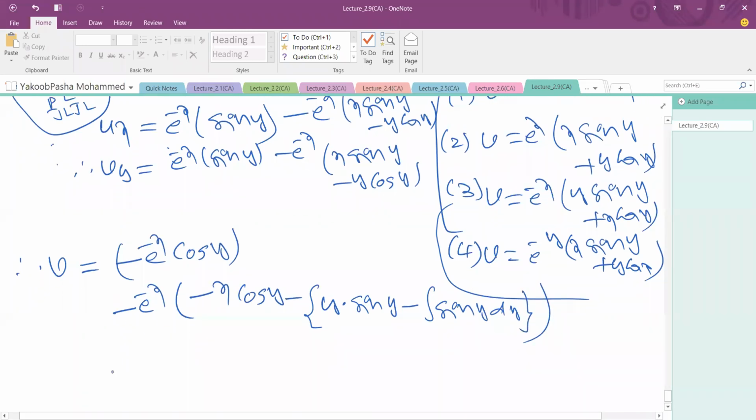So this is equal to minus e power minus x cos y, plus x e power minus x cos y, minus plus y sin y, and here it is minus.